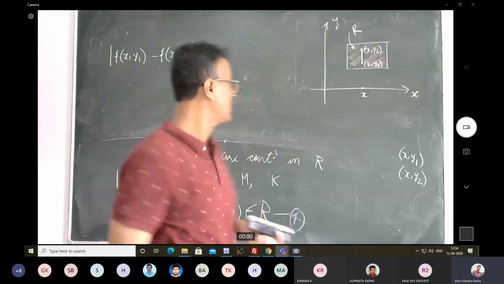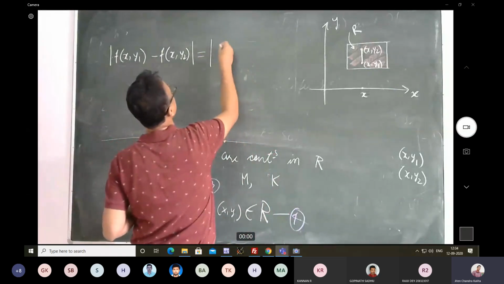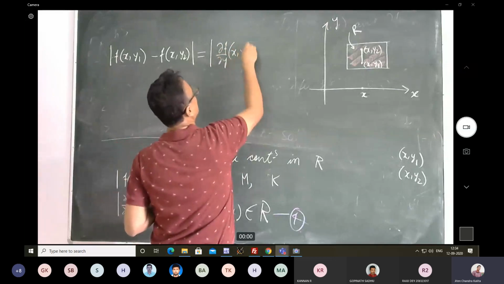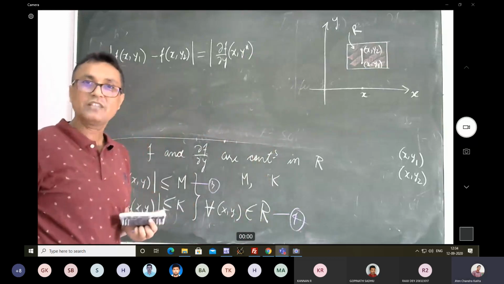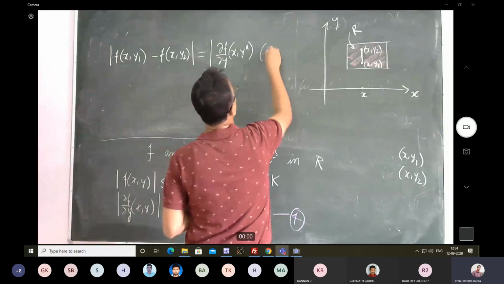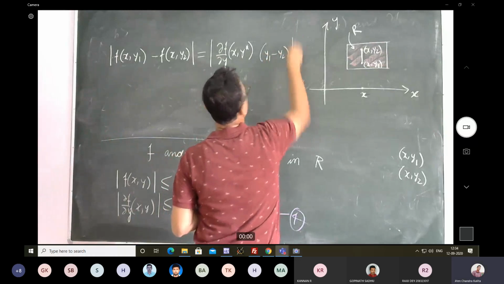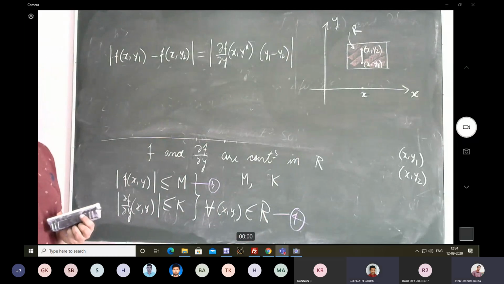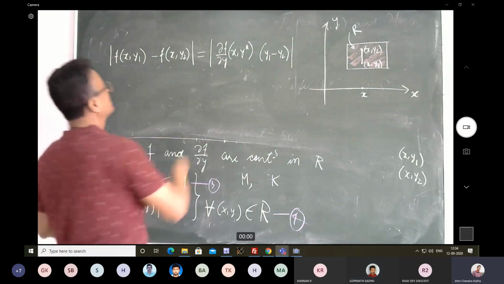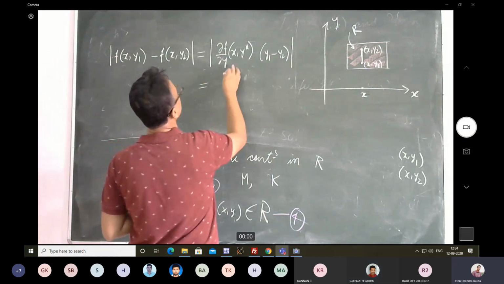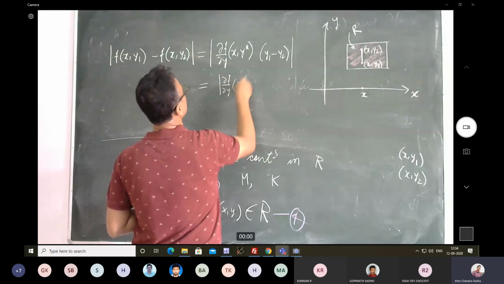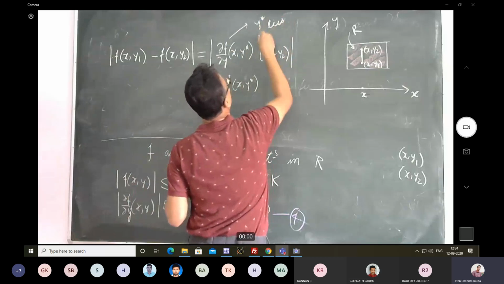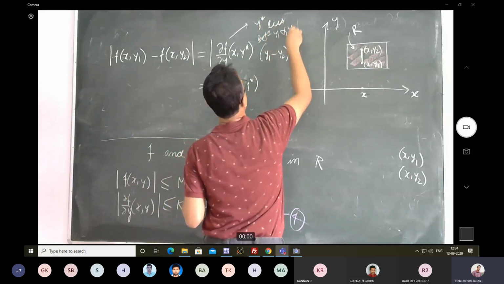So if I use the mean value theorem, this is going to give me del f del y at x and some point y star, where y star lies between y1 and y2.